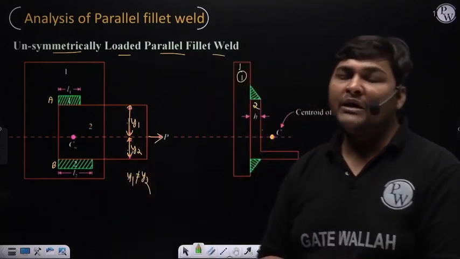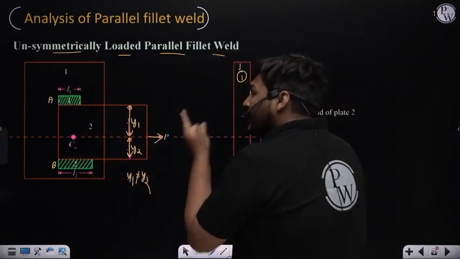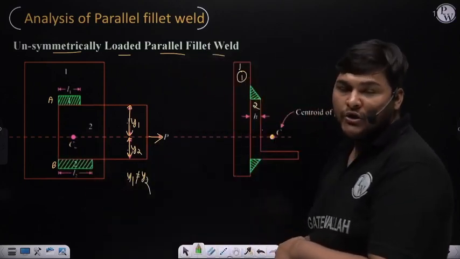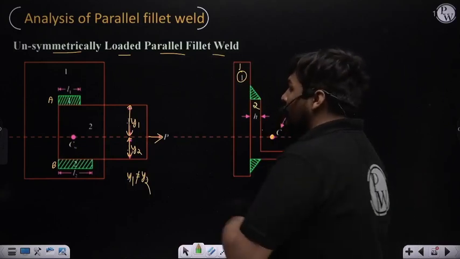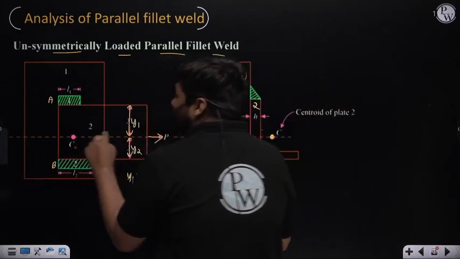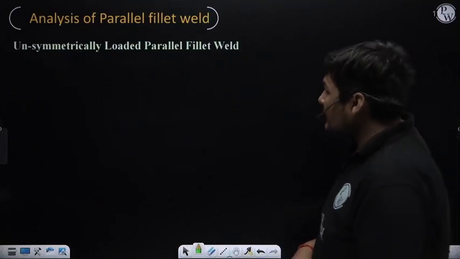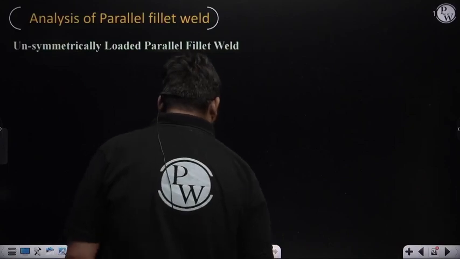Now the question will come in your mind, what should be the relation between L1 and L2 to ensure the line of action of force P is passing through the combined centroid? What should be the values of L1 and L2 to ensure the combined centroid is coming on this line? For that we need to maintain a relation. First I am drawing this diagram.